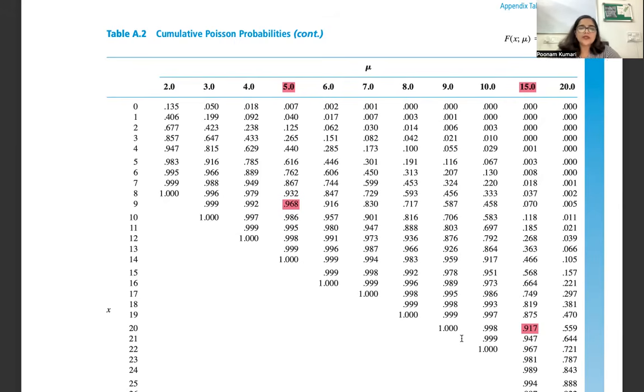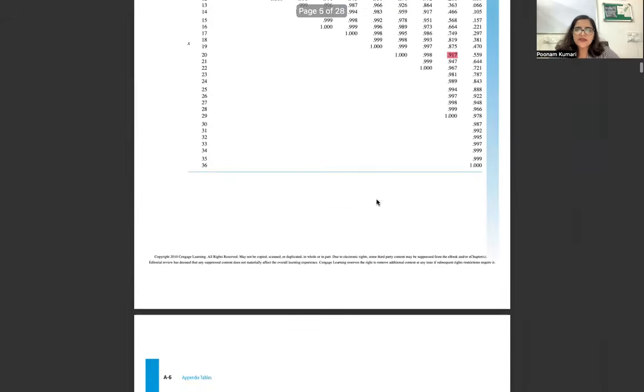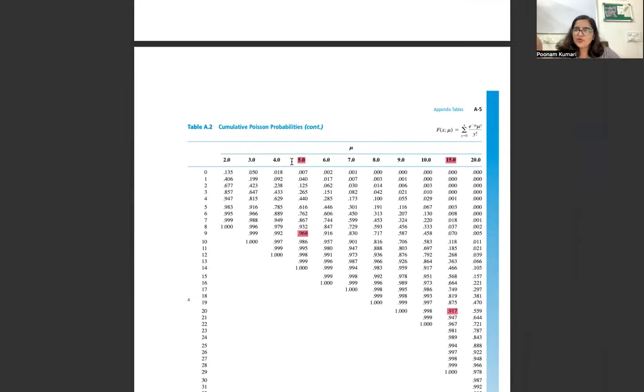That is your probability. Okay? It's very simple to read this table. Can we read this table? So the important thing is mu and your x value. Okay? And this table is giving you a CDF value.